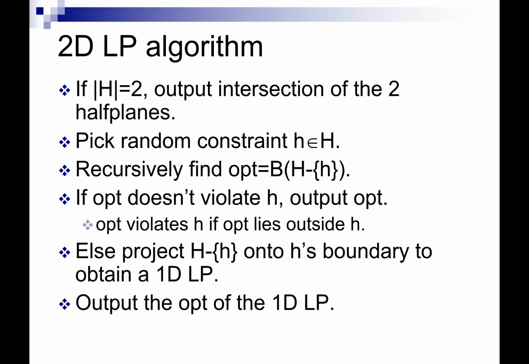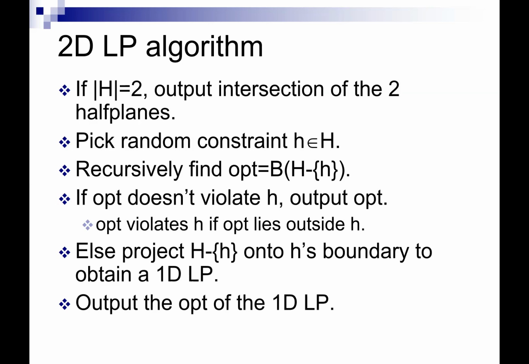I'll show you on the next page what projection and boundary mean. The point is that we project all of these constraints onto h's boundary, producing a one-dimensional LP, and then we can directly compute its optimum. I'll show you why we can do that on the next page.